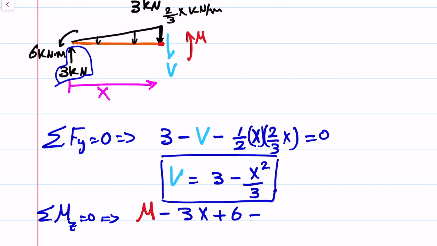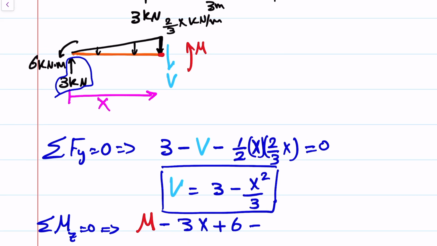I think we got the equivalent point load in the shear equation, this one, and it is acting right here. So this is x squared over 3, and it is acting at this point. So this distance is x over 3.